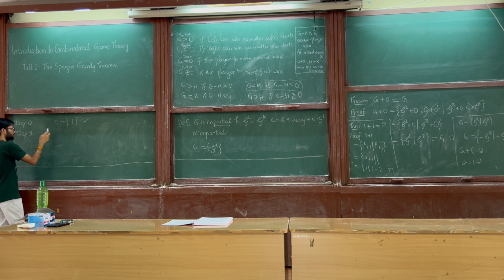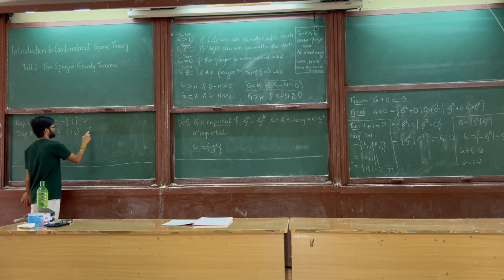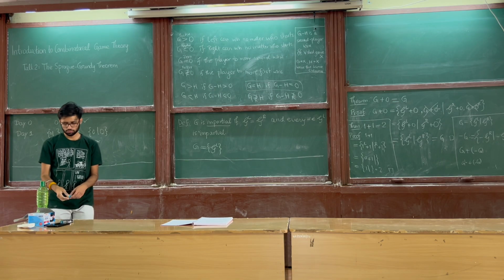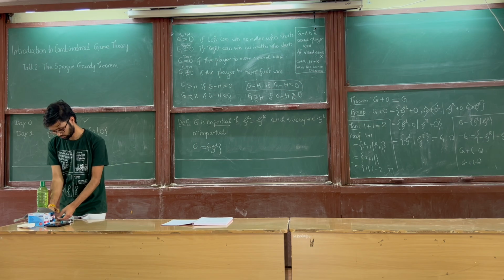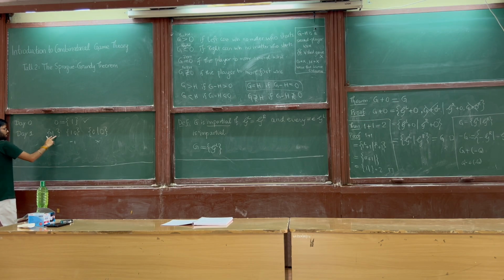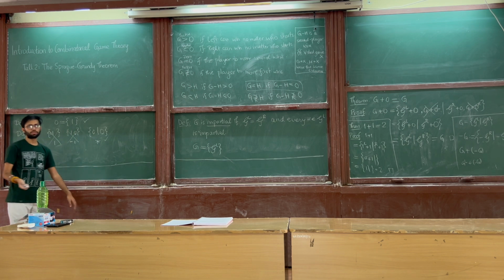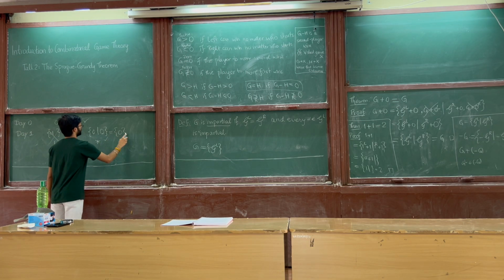On day 1 we have 3 games: 1, -1 and star. 1 is not impartial because the left and right option sets are not identical. Same for -1. But star is impartial: 0 is impartial, and the option sets are identical. And so we'll just write this as star.